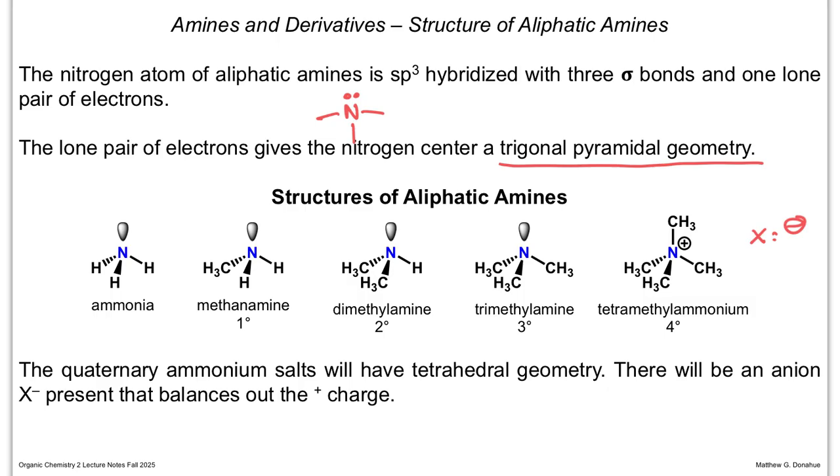And so overall, these are referred to as salts because it has that form of something plus, something minus. And because now there's that fourth sigma bond, the geometry of that nitrogen switches to tetrahedral.